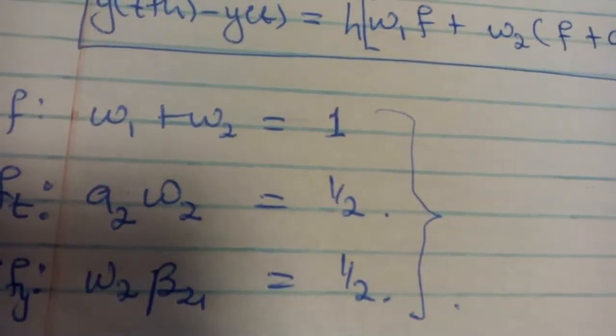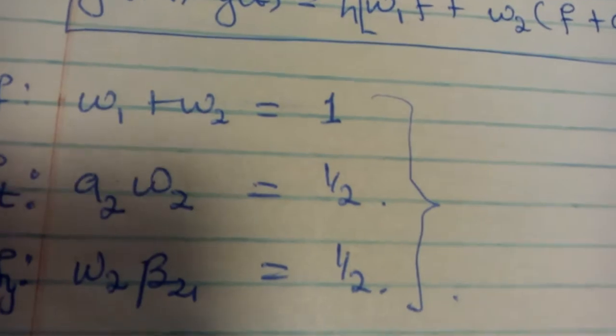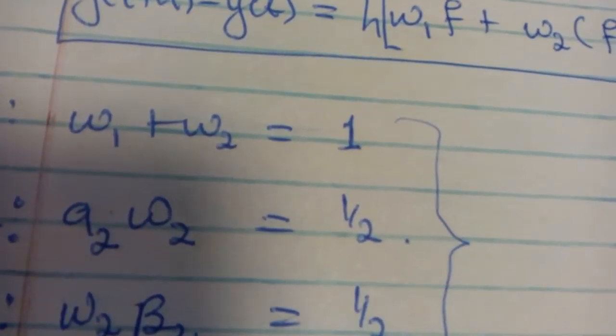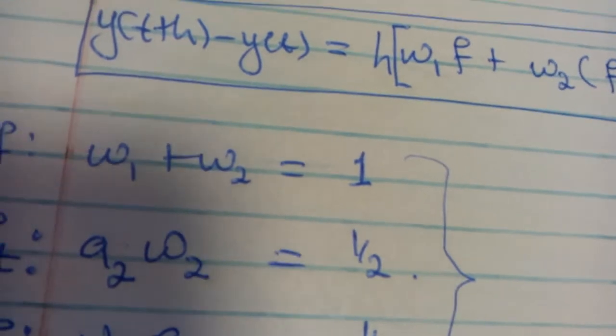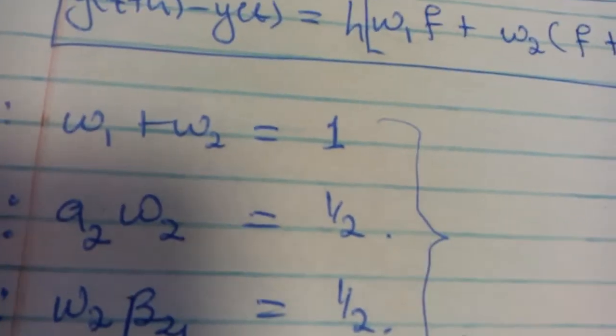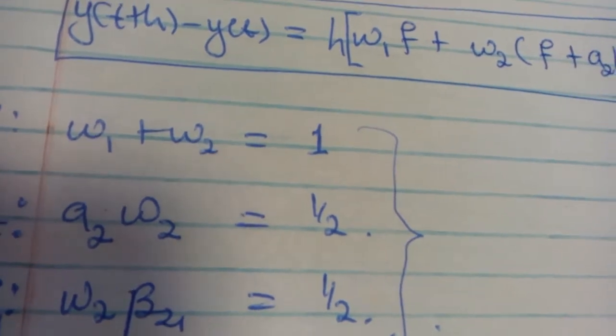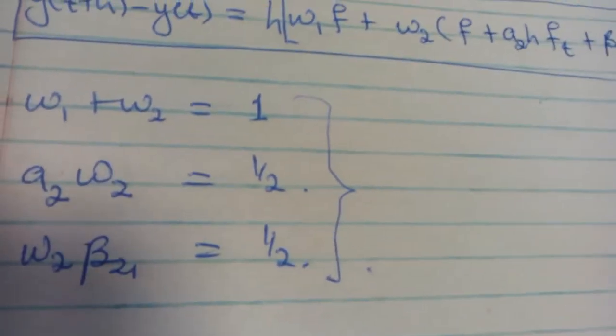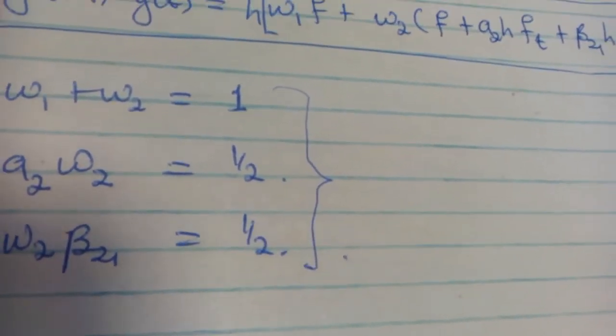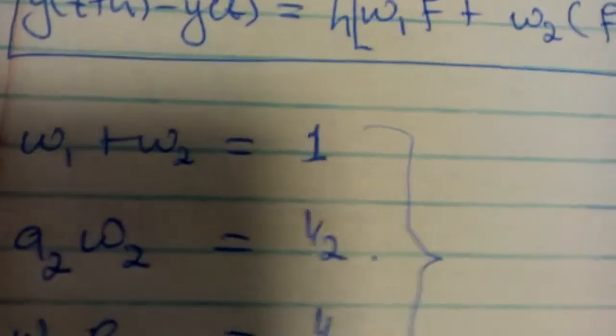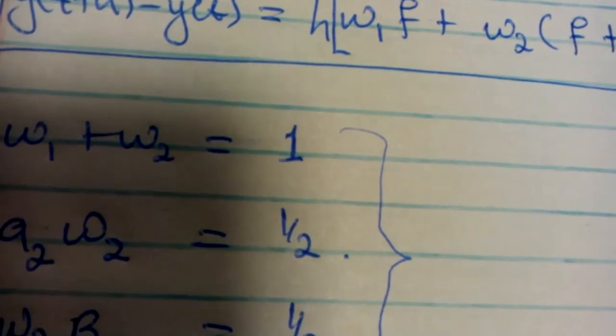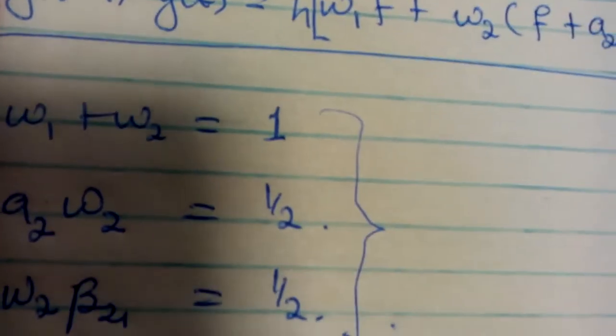I can choose one of those parameters arbitrarily, and the common choices, one of them is when we choose a2 to be equal to beta 21. If I choose beta 21 equal to a2 equal to 1.